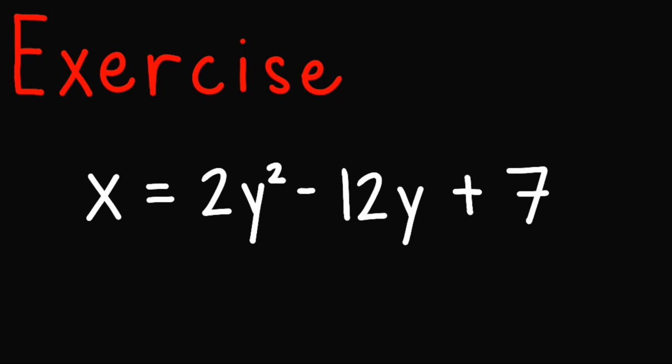And as a hint, the strategy to use here is quite similar to the second example, wherein you'll still need to factor 2 out here, since what we want is that the coefficient of the squared variable is 1, positive 1 to be exact.